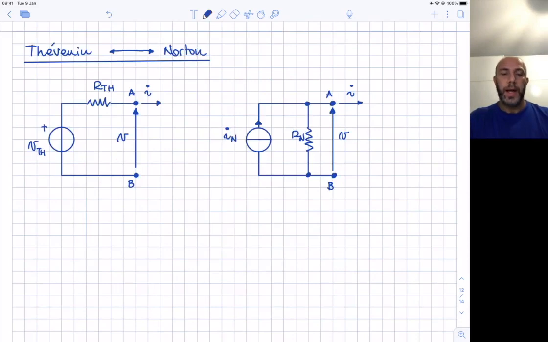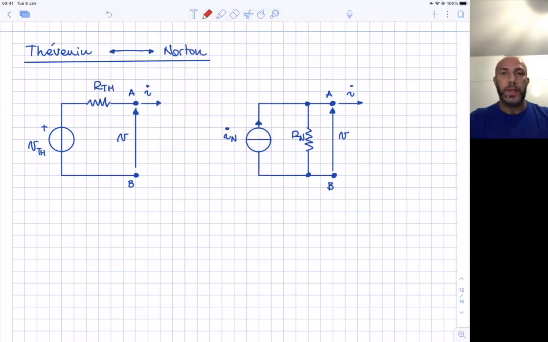An interesting analysis is the possibility to pass from the Thevenin's equivalent circuit to the Norton's equivalent one. To do so, the first thing that we can try to do is to get the Norton's parameters from the Thevenin's equivalent.